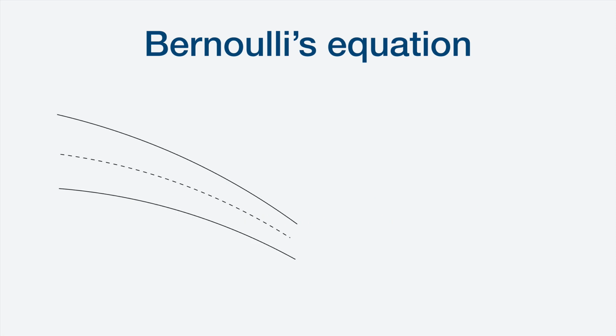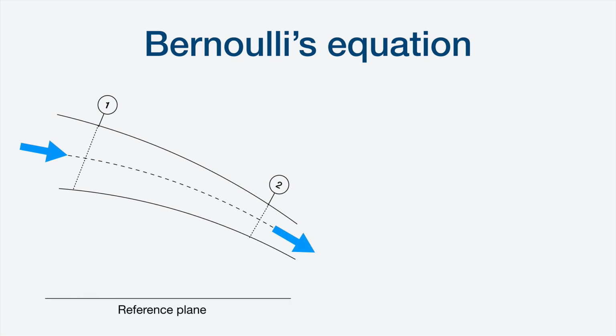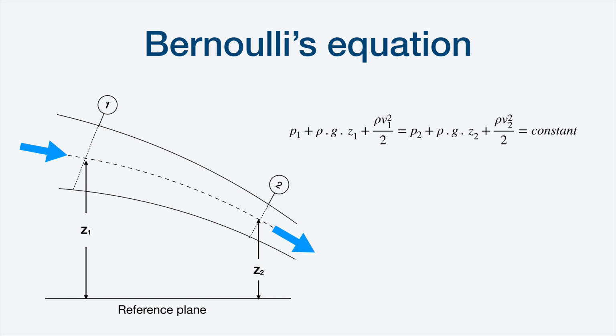So we have this conduit. We select this control volume between the entrance section 1 and the outlet section 2. Let's establish these reference planes, and the center line of this conduit is elevated a height Z1 from the reference plane and Z2 for the second section. So what is reflected in this equation is the sum of the energies.